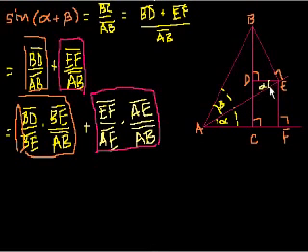So if this angle is alpha, then this angle right here is complementary to it, so it's 90 minus alpha, right? And if this angle is 90 minus alpha, and this angle is obviously 90, then this angle plus this angle plus this angle has to equal 180, so this is equal to alpha.